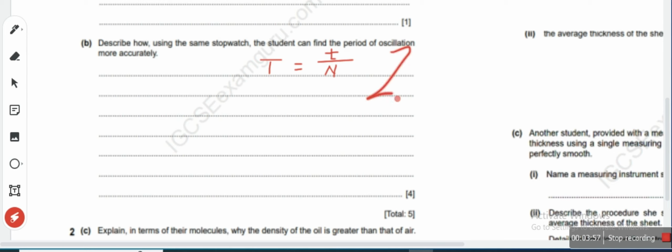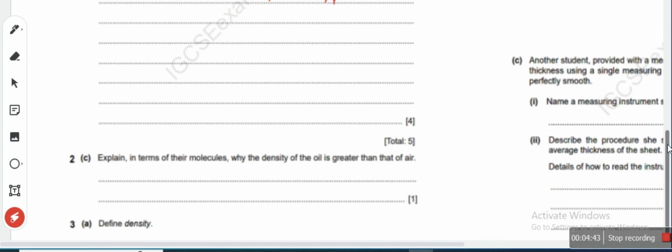The first one you got 30 seconds, the second one 32 seconds, so you add one plus the other divided by 2. 30 plus 32 is 62, divided by 2 gives 31. So the average is 31. And when you divide the average time by the number of oscillations, you have your period.